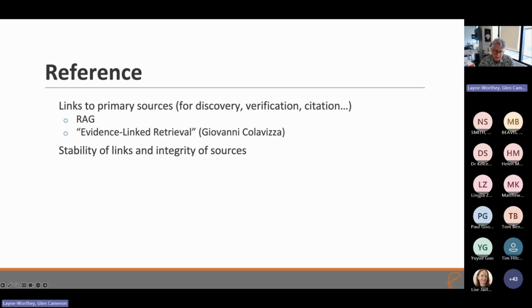We also know that LLMs, especially early LLMs, made up these links and made up their references. So they gave the appearance of having an authoritative reference, but in fact, it was not authoritative. So I think this is something that we need to look out for. And finally, a crucial thing for reference is the stability of links and the integrity of original sources. So many of our speakers have already addressed this.